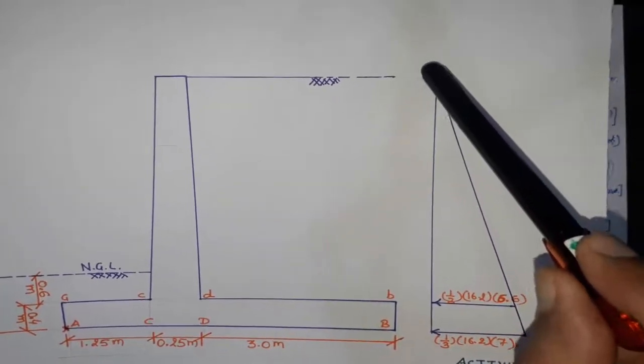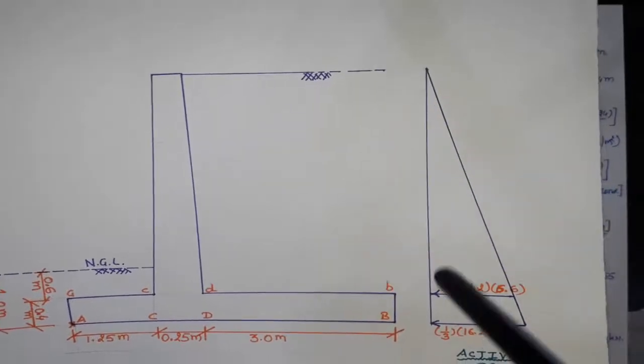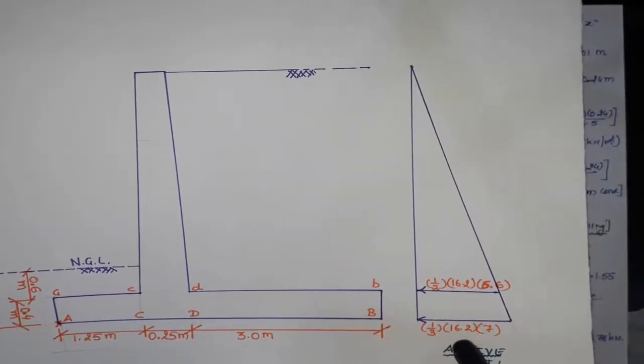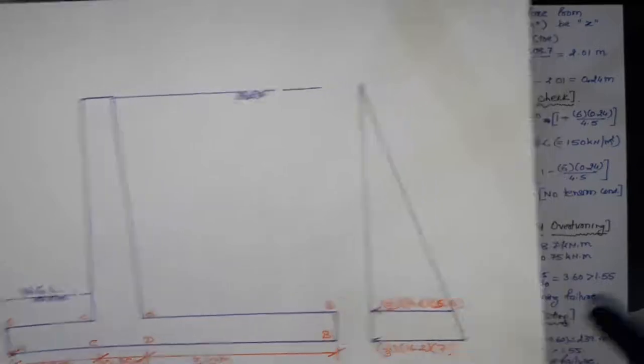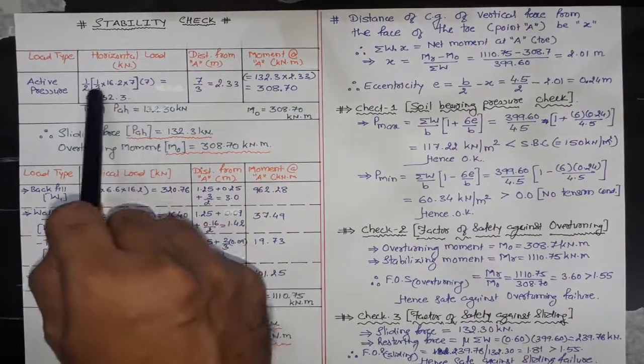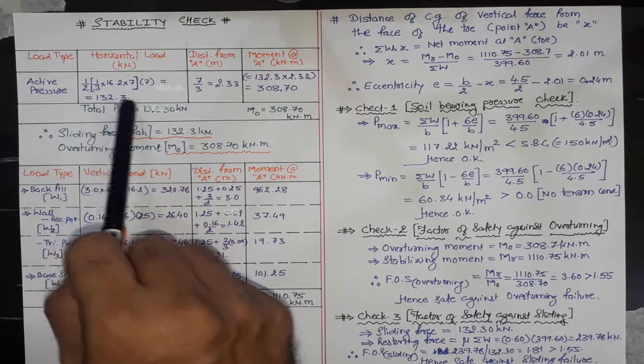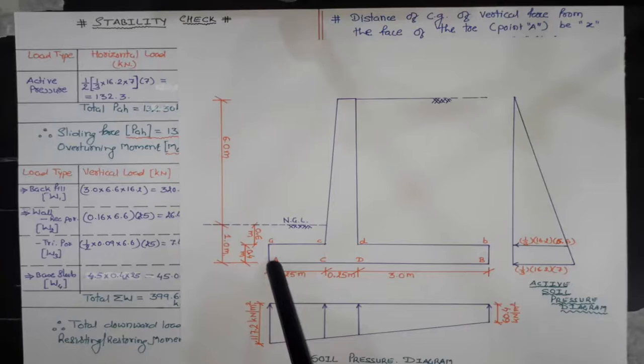Therefore, this will be 1/2 height into base. 1/2 height is 7 meter into base is 1/3 into 16.2 into 7. Therefore, 1/2, this is the base and this is the height. That comes out to be 132.3 kilonewton. This is the point A where the retaining wall is supposed to get pivoted at the time of overturning.